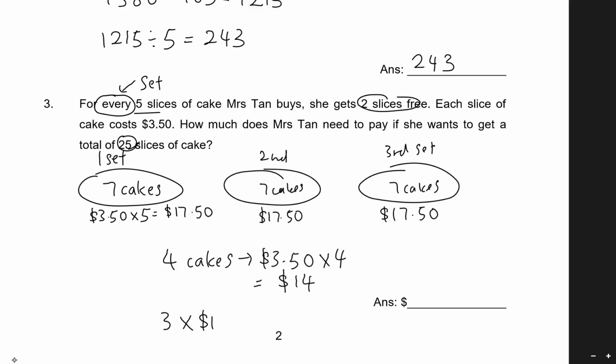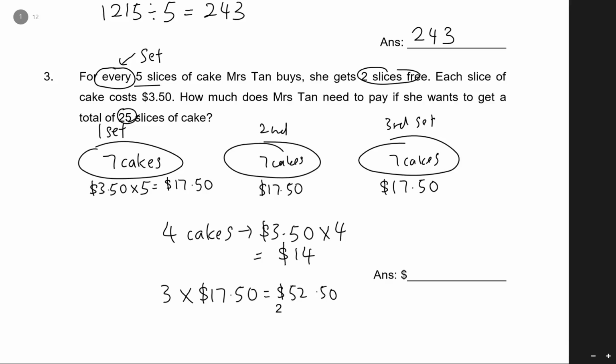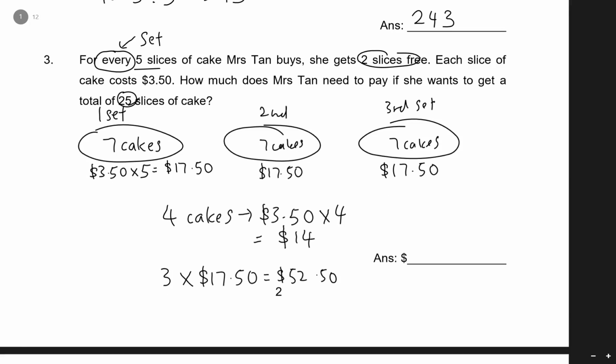One set is $17.50. You manage to buy 3 sets of it, which gives you $52.50. And that's not it. Remember, you have to add the 4 extra cakes that you need to buy without any freebie. So $52.50 plus $14 will give you a total, the answer, $66.50.